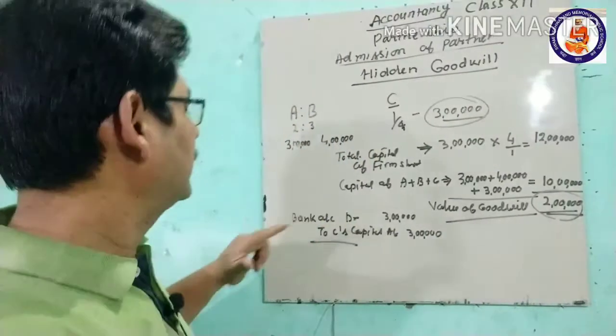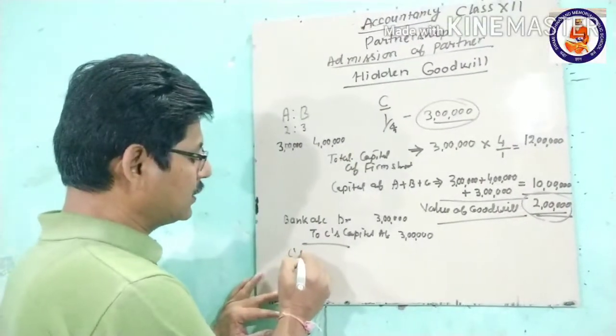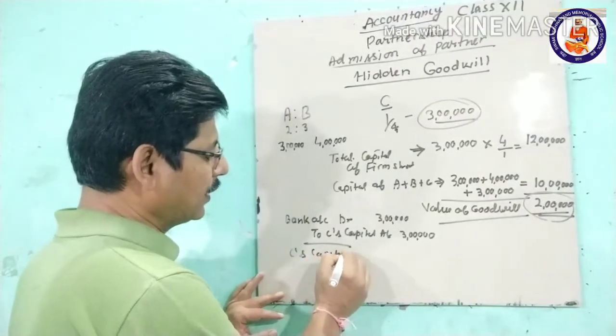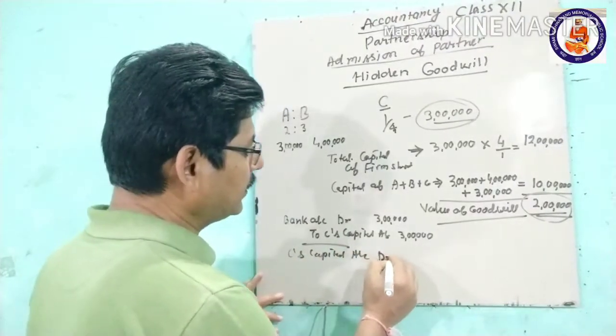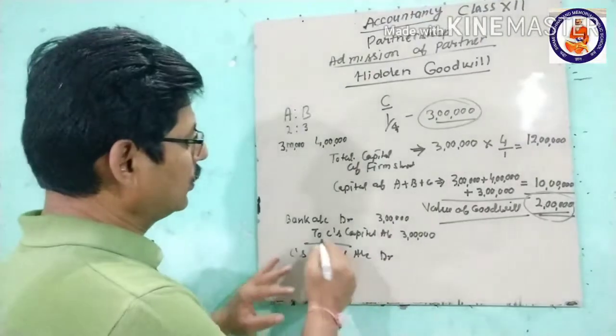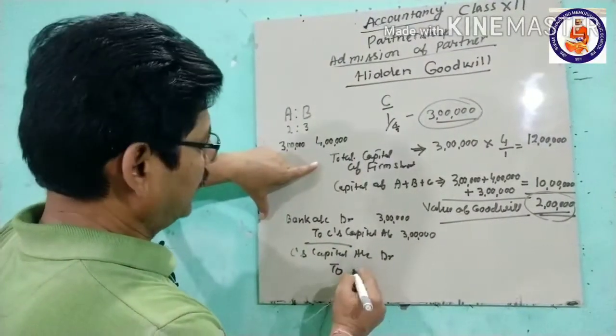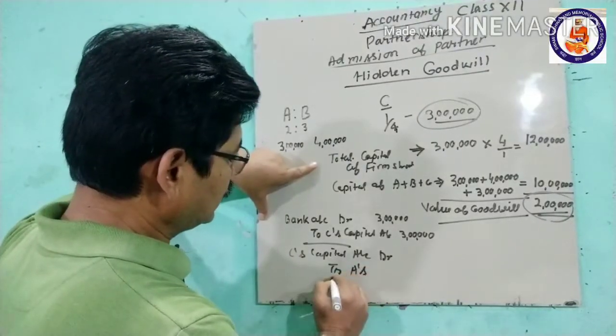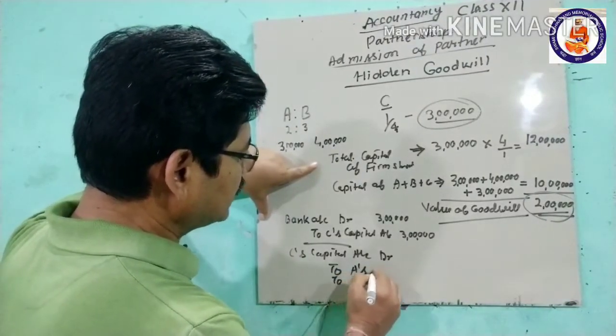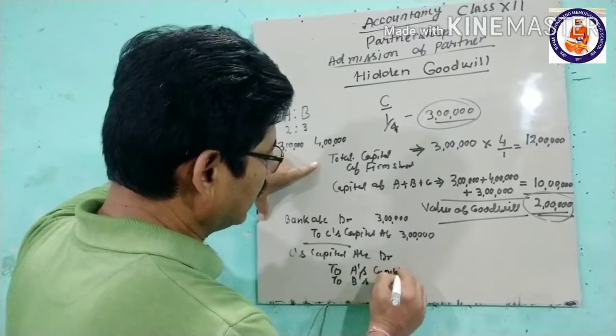So the second entry is: C's capital account debit to A's capital account and B's capital account.